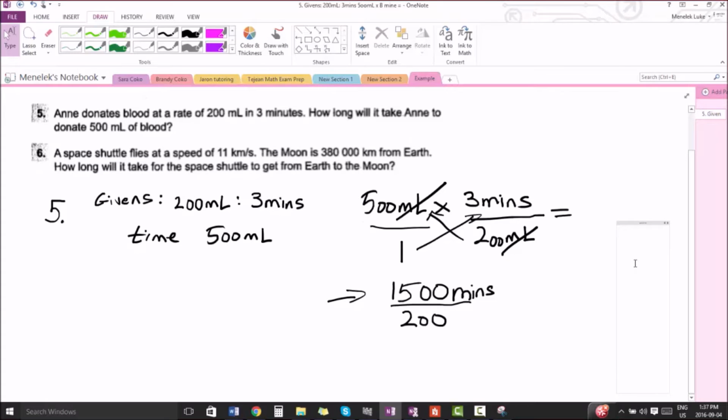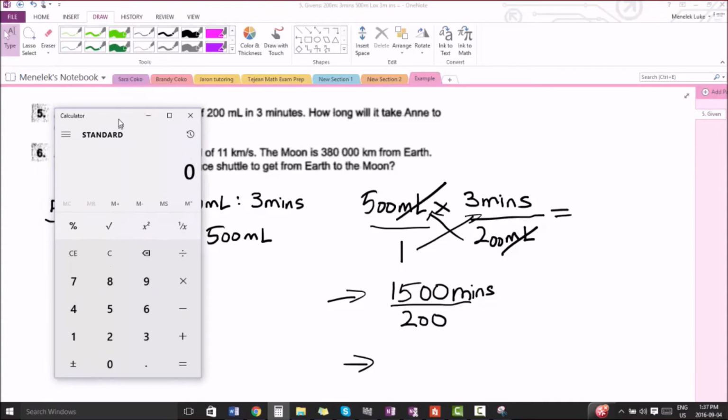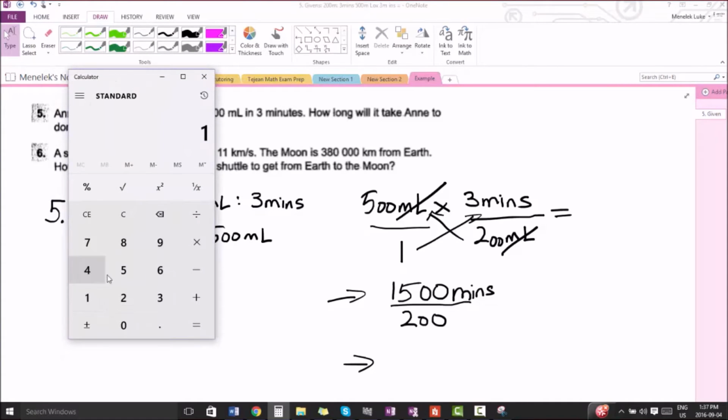Okay. So then are you going to divide them? That's right. So next we would divide our answer. So if you have a calculator with you, typically what we do with students at this point in time is we bring up a calculator on our screen, and then we will just enter in 1500 divided by 200.